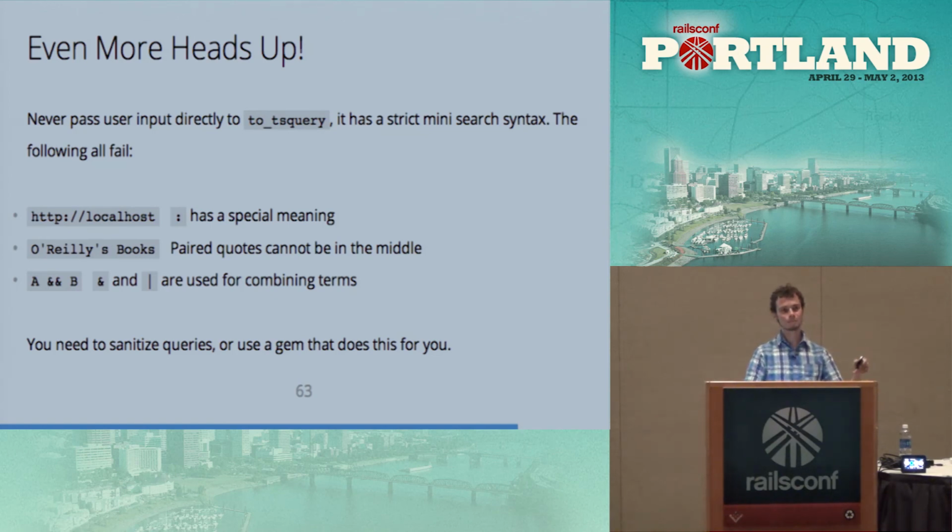Never pass user input directly to tsquery. It's got its own mini search syntax, and all of the following are going to fail because each of these are using characters that tsquery reserves and has special meanings for. So either you need to sanitize your queries, or you need to find a gem that does this for you.